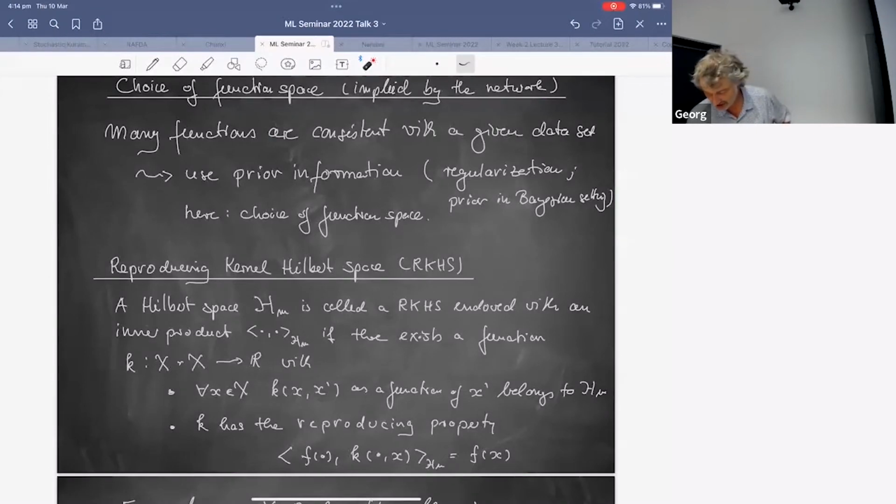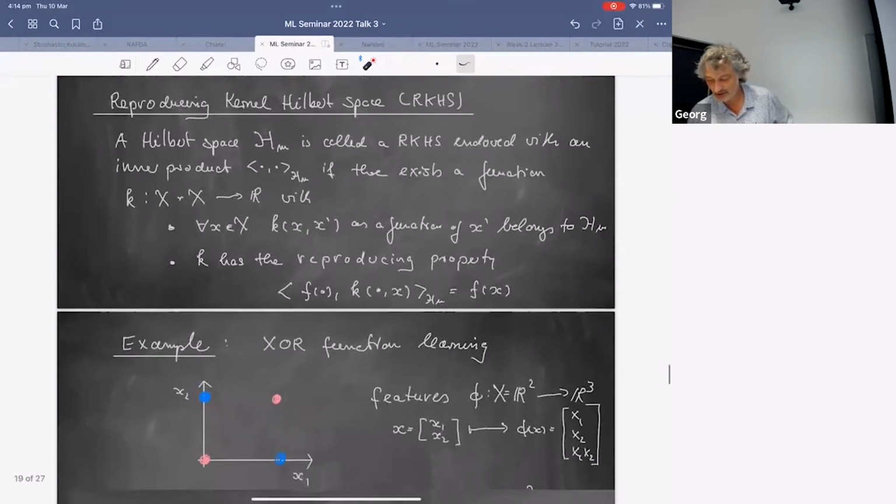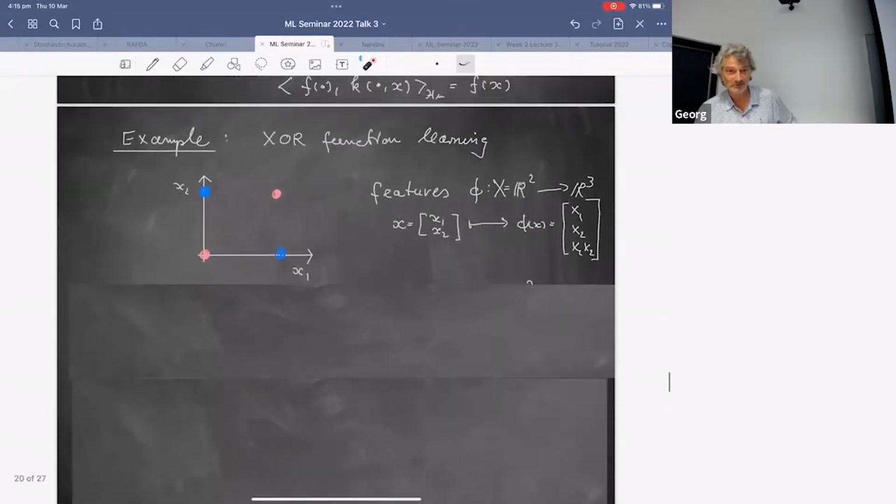I want to give you an example to show that you have already used reproducing kernel Hilbert spaces without knowing it. It's like the prose, you've been speaking prose. So let's take the example of the XOR function that we already came across.